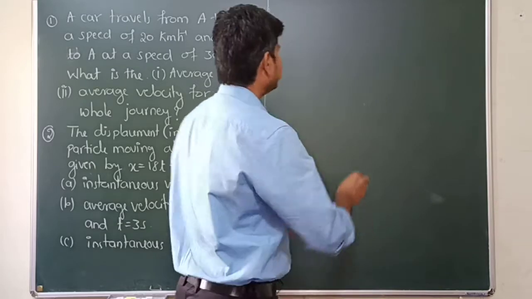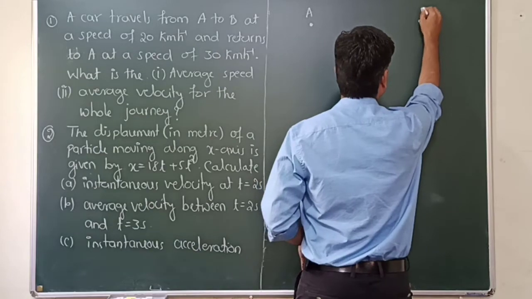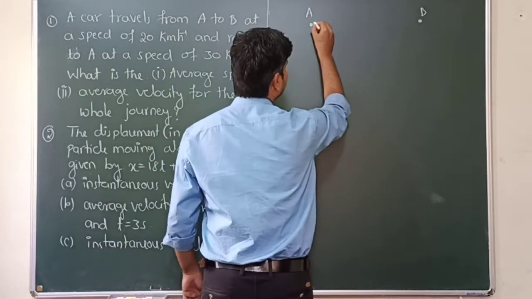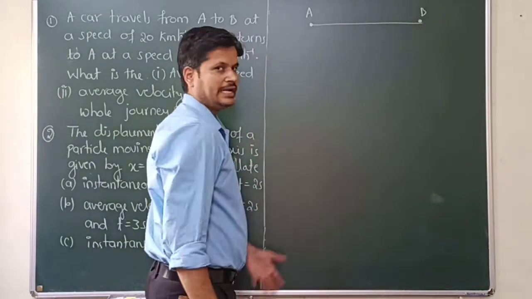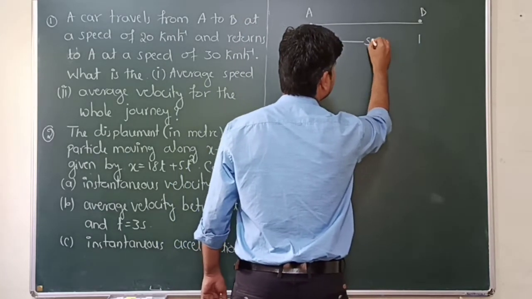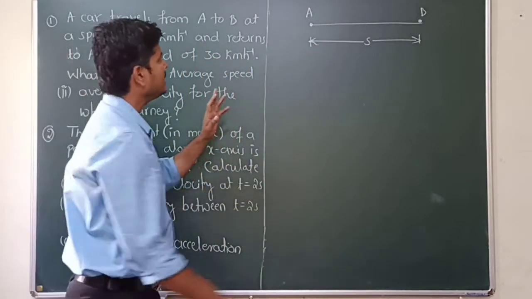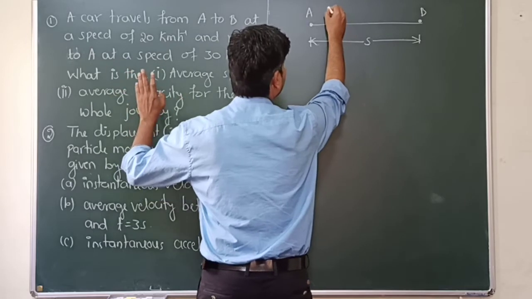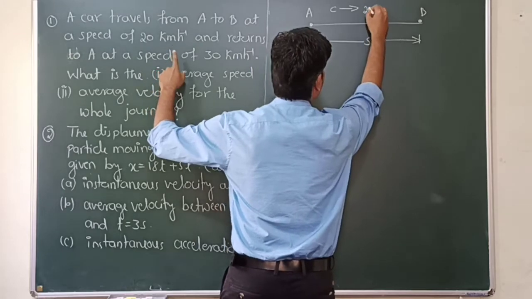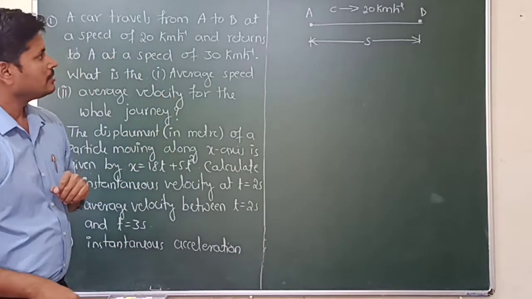Now see here, this is the first point A and this is the final point B, right? So the car is traveling from A to B. Let us consider the distance between A and B is S. When the car is moving from A to B, it has a speed of 20 km per hour.